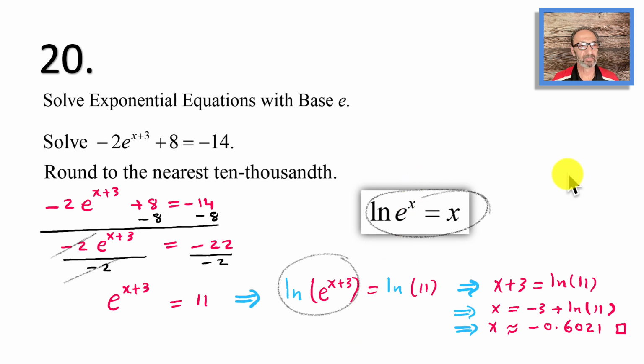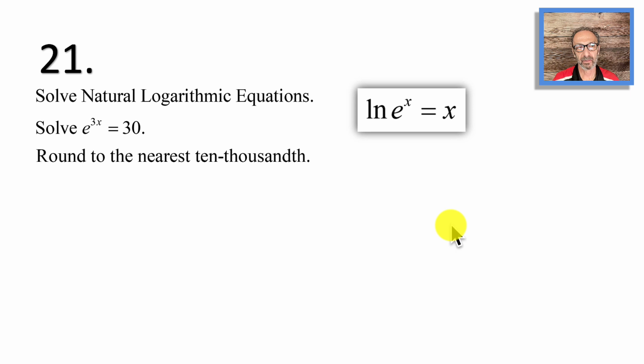Let's practice another example of the same concept. E to the power 3x equals 30. We need to apply this. To get x down, we apply ln to cancel the e. So here's the problem. Let's apply ln to both sides.